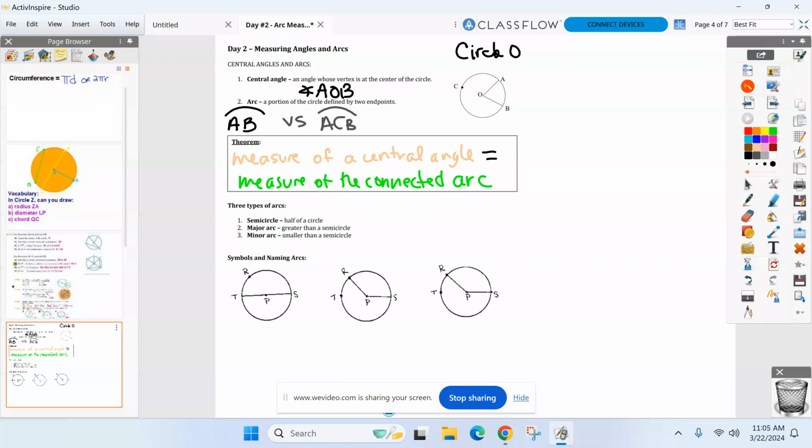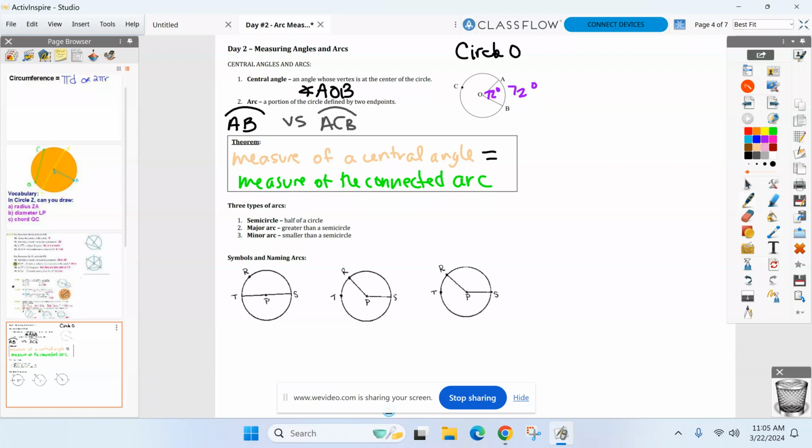Here's what I mean. Go back to my diagram up there. Remember central angle AOB? Let's say I give you the fact that central angle AOB is 72 degrees. Based on this theorem, arc AB is also 72 degrees. Now, what do you mean the arc is 72?